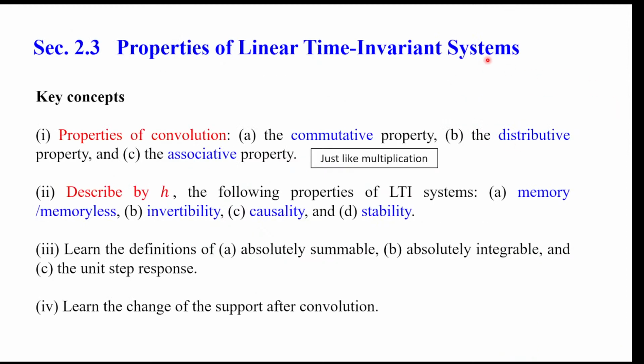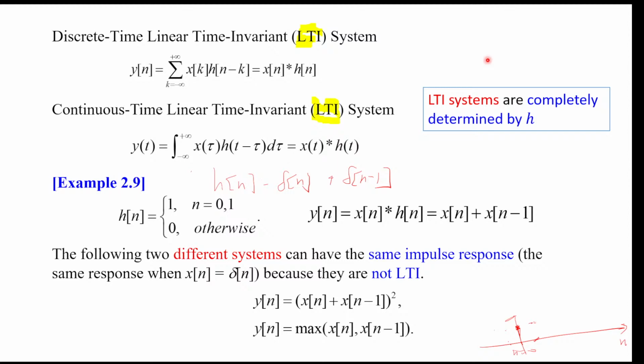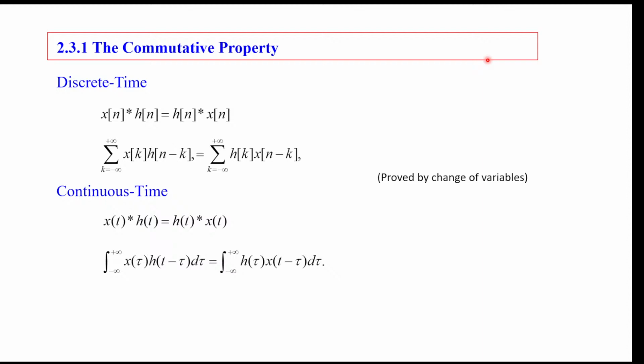Okay, now we are finished with this aside slide. Let's go to the things that we said we are going to talk about, the properties of the convolution operation itself. First we have the commutative property, and that just means signal 1 convolved with signal 2 equals signal 2 convolved with signal 1.